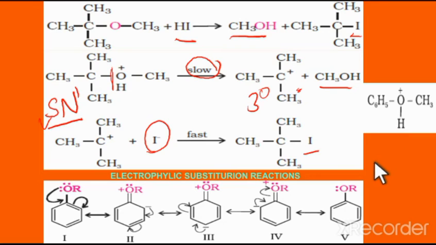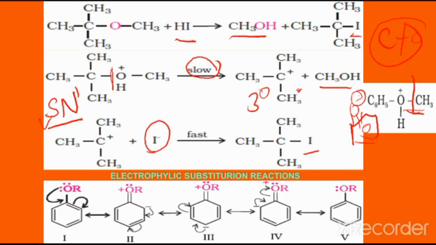In this case the cleavage takes place between the O and CH3 group, because the benzene ring has the oxide ion with a negative charge, so it has a double bond character. Due to that the cleavage takes place between oxygen and the methyl group. Between the oxygen and the phenyl group, the cleavage cannot take place. This is about the cleavage of the carbon-oxygen bond.